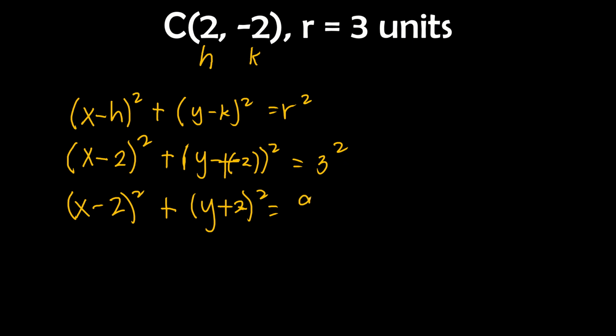So this is 9. So yan na po matatapos yung solution natin kasi ang hinahanap sa atin is the standard form. And that is the standard form of the equation of the circle. We have x minus 2 squared plus y plus 2 squared is equal to 9.